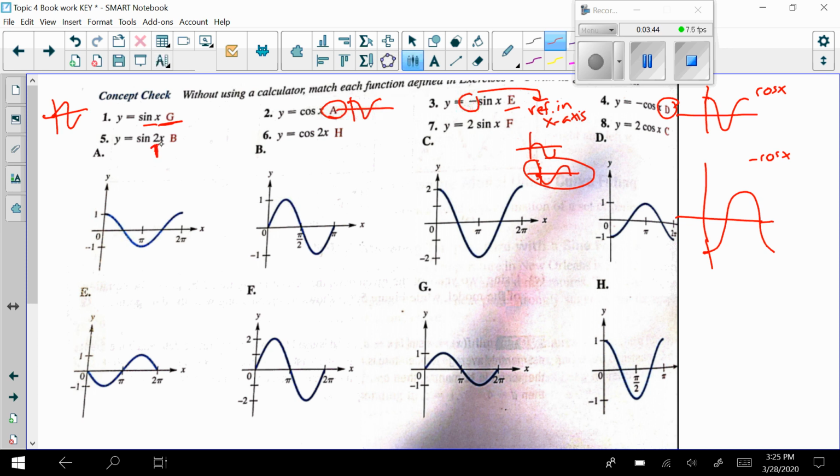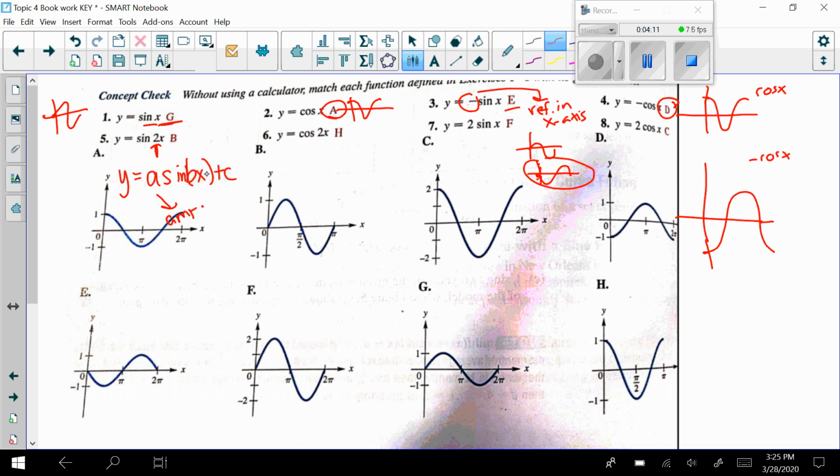When you have a number here, in the general form, hopefully you watched the video, A sine Bx plus C is the general form. So this A is the amplitude. That's a vertical stretch, so it'll make it go higher or lower than 1 and -1.